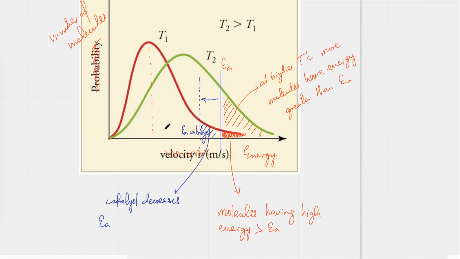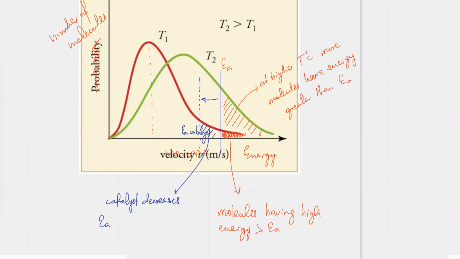So all of a sudden, these molecules, these red ones, were initially able to take part in the reaction because they were energetic enough. But now the energy that is required has decreased. So even these particles that are slightly less energetic can take part in the reaction because they've got energy that is greater than the activation energy.